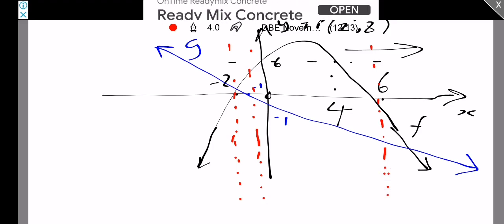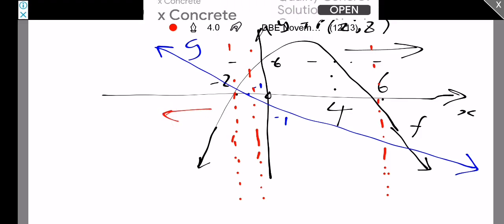Now let's look at this section of the graph, less than negative 2. So g is positive, and f, the parabola, is negative, as you can see. Now let's look at this section of the graphs.